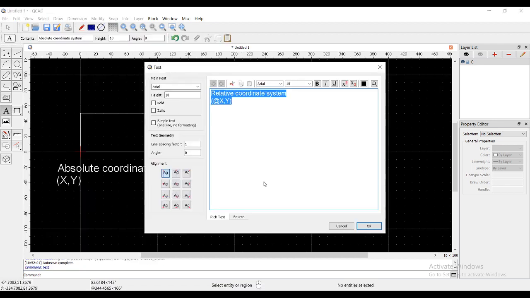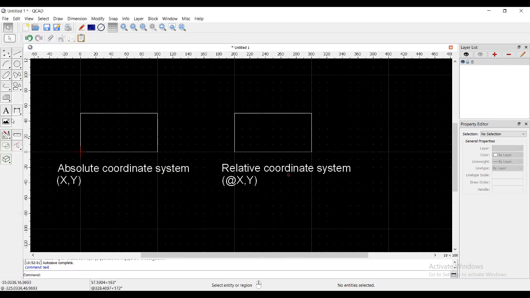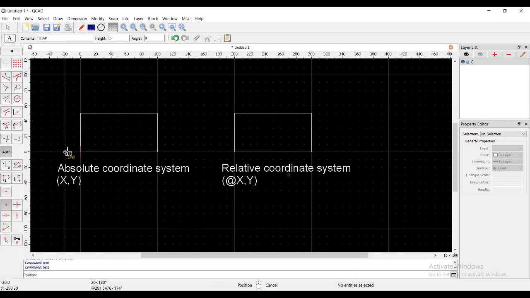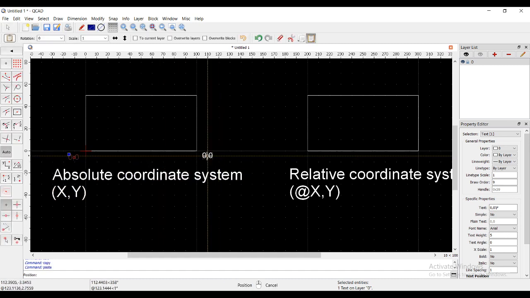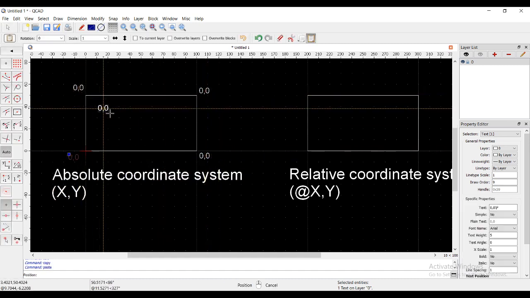I will just write the coordinates here, maybe. Say 0 comma 0, copy three or four times.